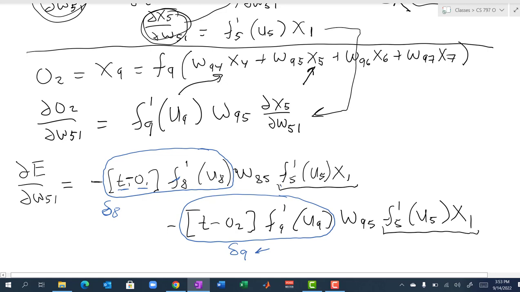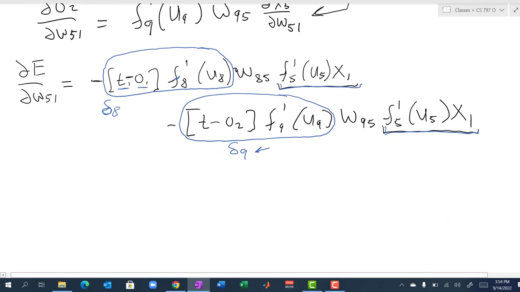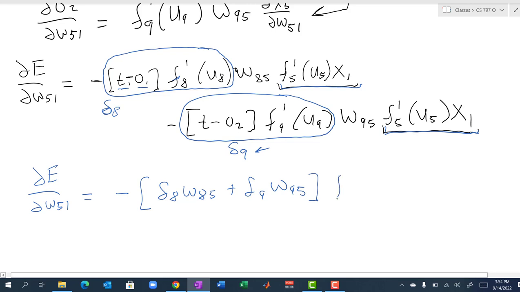And then let's factor out this stuff here that's common, using those definitions of delta 8 and delta 9. And here's our factored out term.